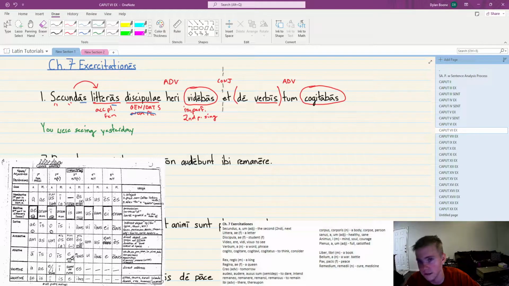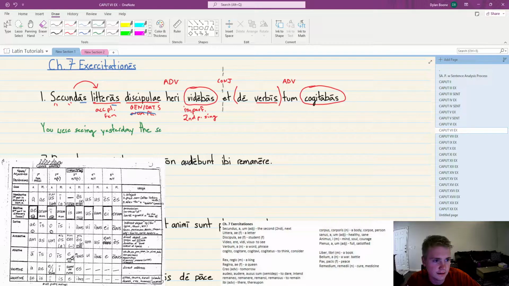What? The direct object, right? The direct object is litteras, since it's accusative, right? So litteras, the second letter, letter as in like an envelope letter. So we take a literal letter, and letter plural works here.